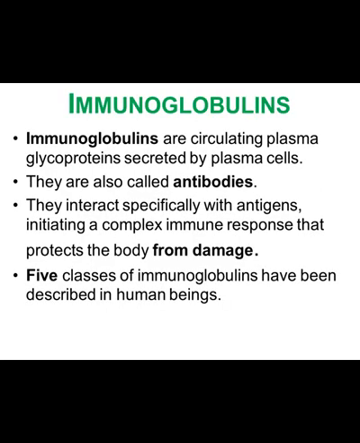Now we come to the immunoglobulins. Immunoglobulins are circulating plasma glycoproteins secreted by plasma cells. They are called antibodies. They interact specifically with antigens, initiating a complex immune response that protects the body from damage. There are 5 classes of immunoglobulins which have been described in human beings.